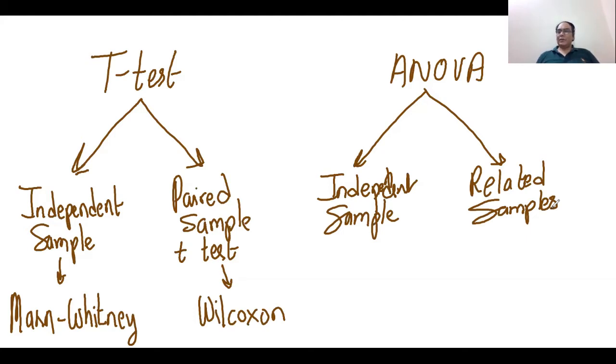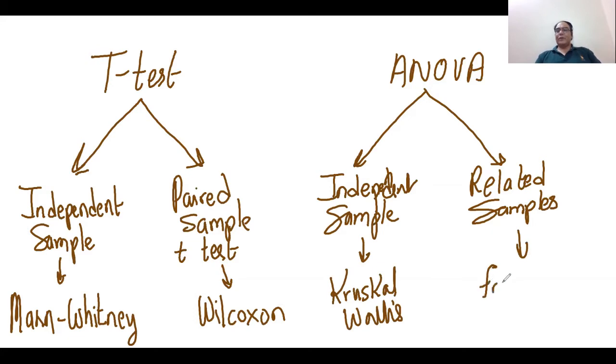In independent samples, the groups are different and independent. In related samples, the group is same and you are collecting different data sets from the same group. So the substitute of independent samples is Kruskal-Wallis, and the substitute of related samples, when you are having 3 or 4 feedbacks, is Friedman ANOVA.